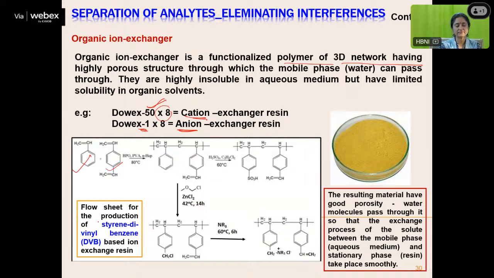So this is the flow sheet for the production of styrene divinylbenzene, or DVB, based ion exchange resin. Now this resulting material is seen like this. So the resulting material has good porosity. Water molecules pass through it so that the exchange process of the solute between the mobile phase, that is aqueous medium, and the stationary phase resin can take place smoothly.